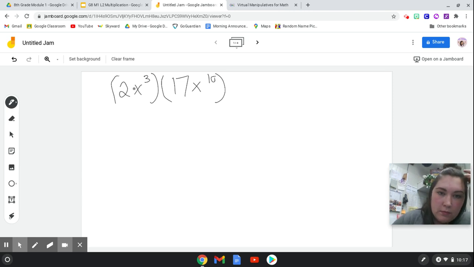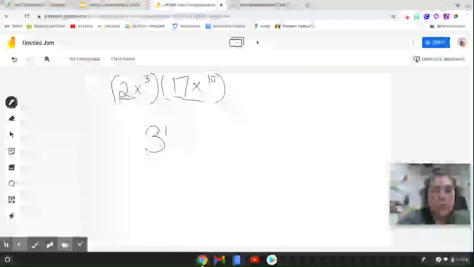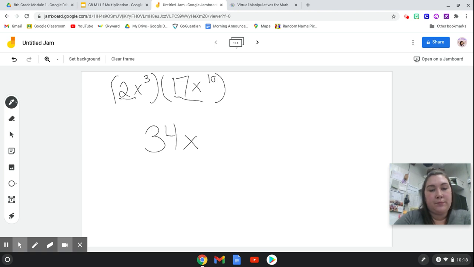You see right here, I really need to distribute. Like this, that's what this is telling me. I have two different terms that I need to multiply. So to do this, I'm going to take my bases and multiply them. So 17 times 2 is 34, and I keep my x.